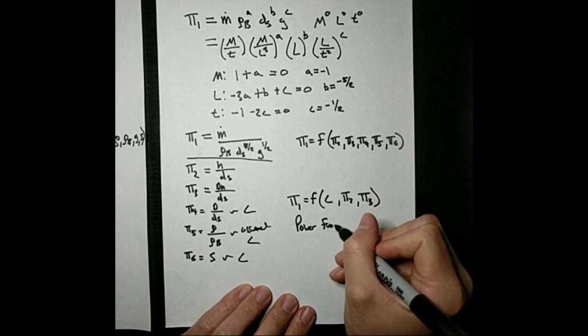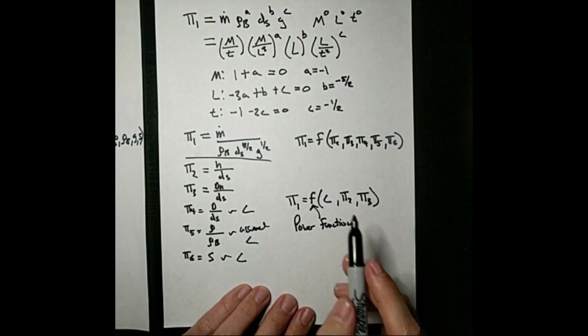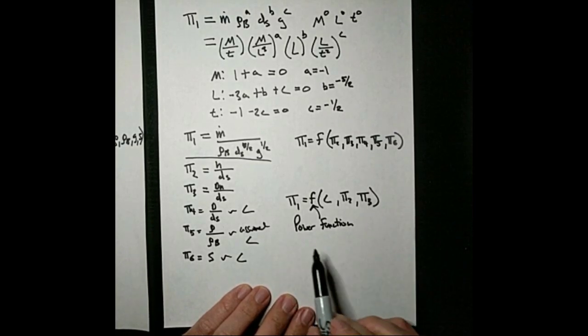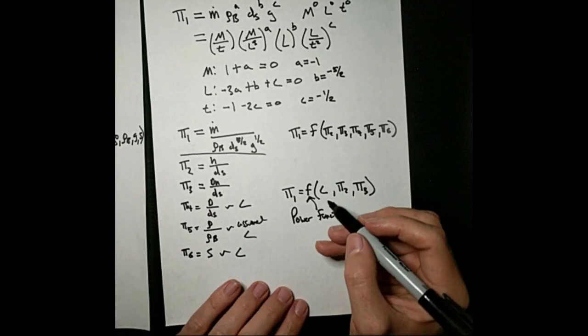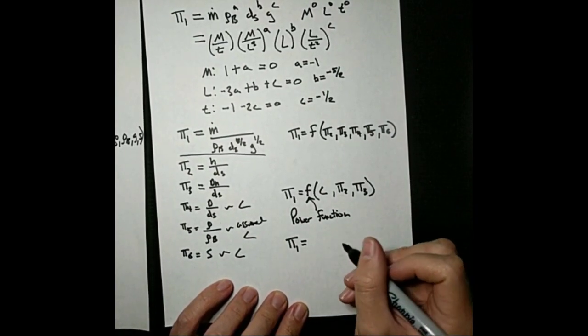To do this, we're going to assume a power function for this f. We're going to say that this function is a power function. And by doing that, we get this equation.